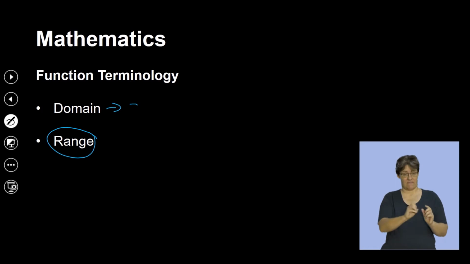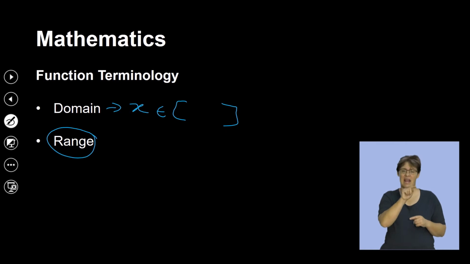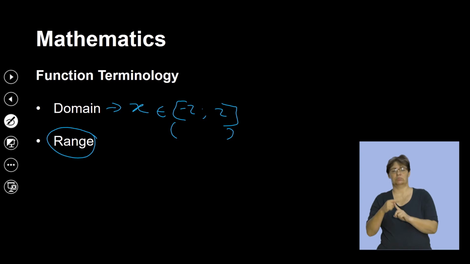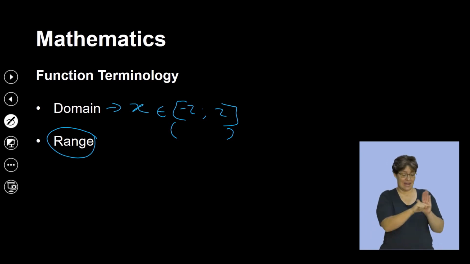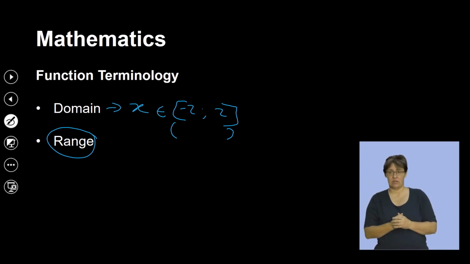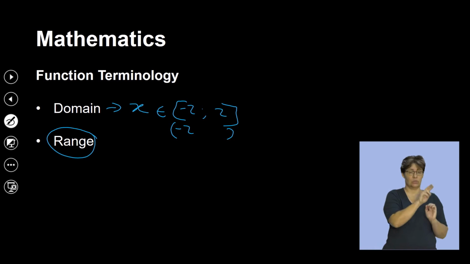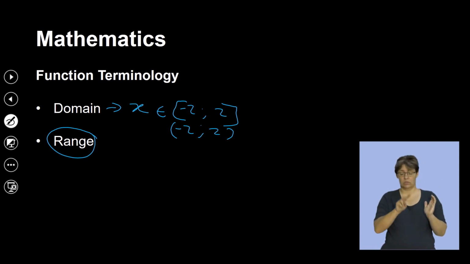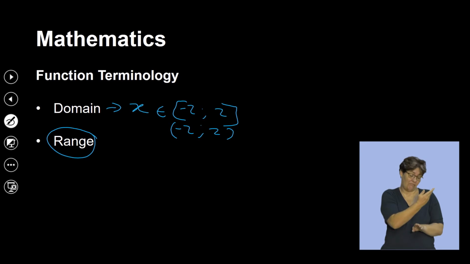So when we say x is an element of, we normally use square brackets to mean included, or round brackets to mean excluded. If I say -2 up until +2 with square brackets, I'm simply saying that -2 and 2 are included, and my graph is defined between -2 and +2. But if I use round brackets on -2 and +2, I'm saying it is between -2 and 2, excluding the -2 and the 2.